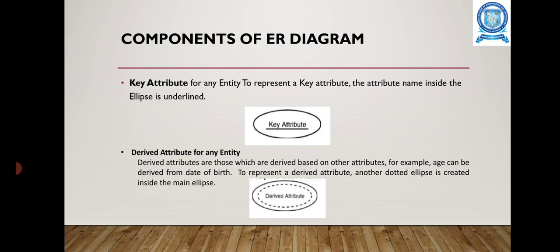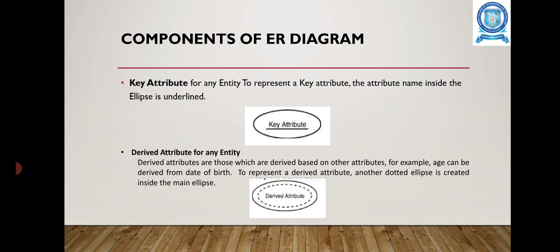The next one is a key attribute. The key attribute for an entity is represented by using the ellipse with the particular key attribute value underlined. Next one is the derived attribute for an entity. The derived attributes are those which are derived based on another attribute.